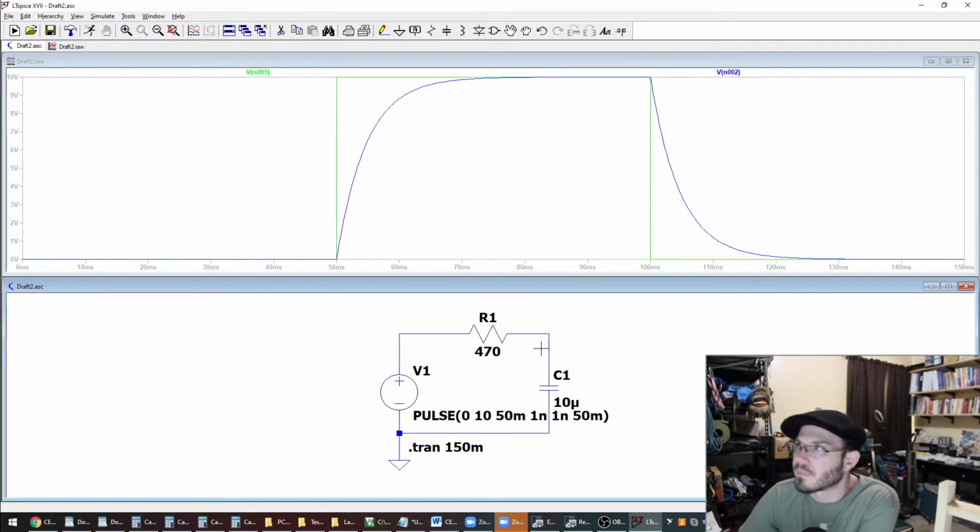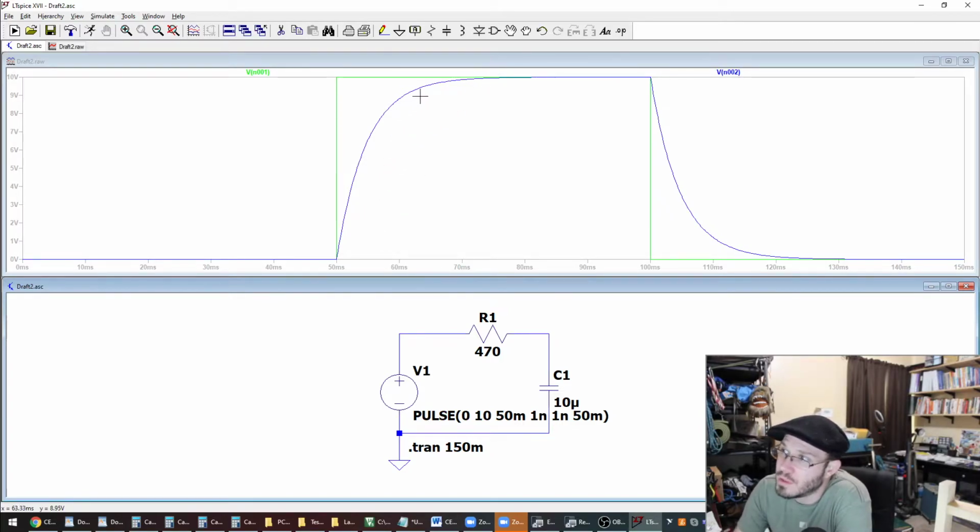All I did was take a voltage measurement above the cap. Because this side is tied to ground, my single click voltage measurement will be the voltage at this point with respect to ground, which is the same as the voltage across the cap. So the blue line over here is representing our cap as it charges, and we get a voltage developed across the cap.